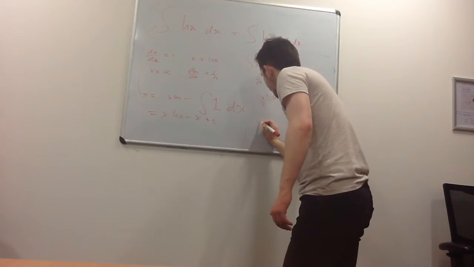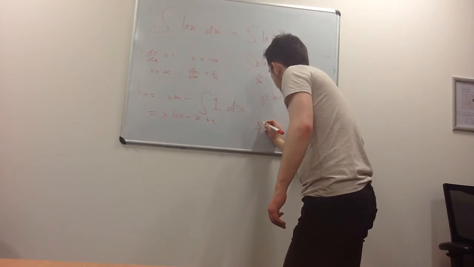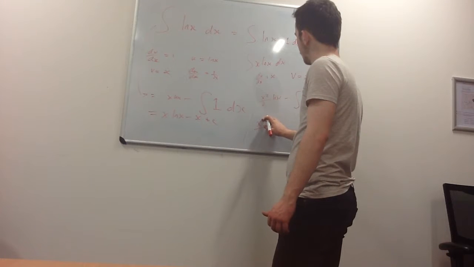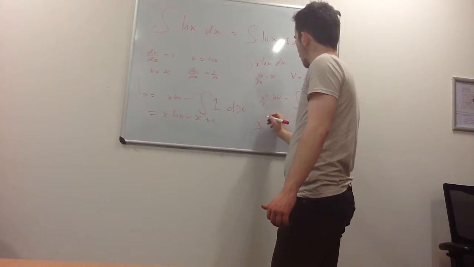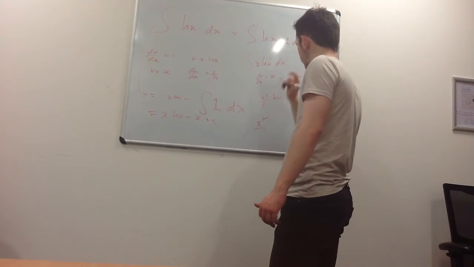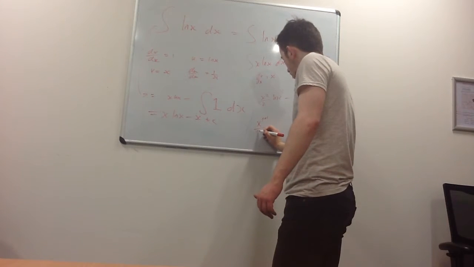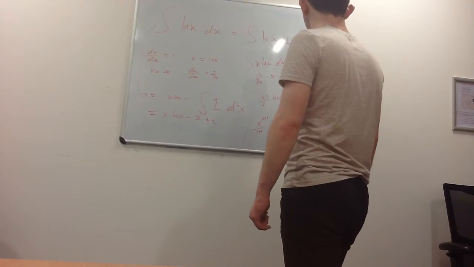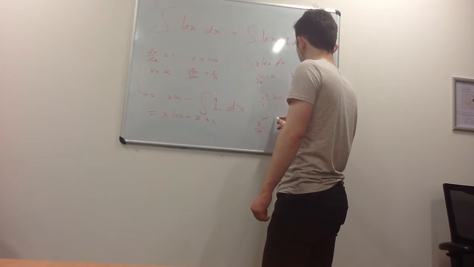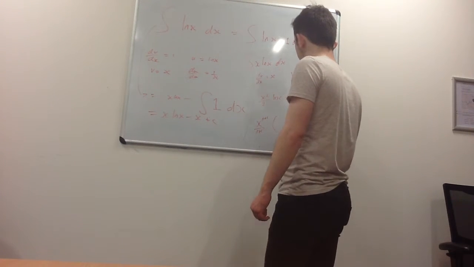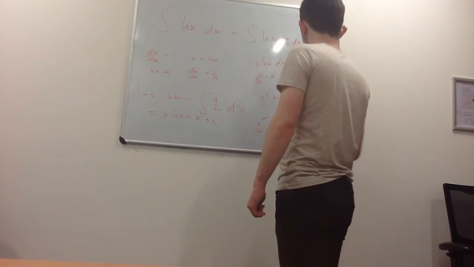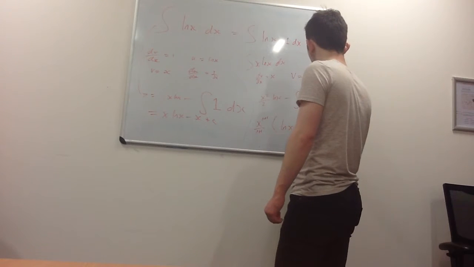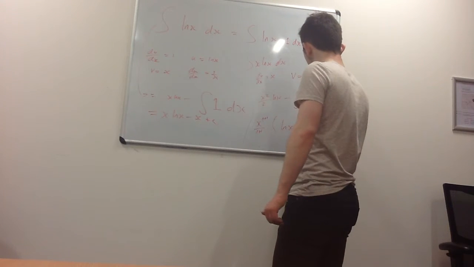The pattern would be x to the n plus 1 over n plus 1, upon ln x minus 1.